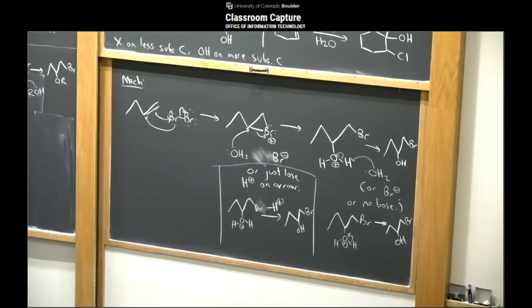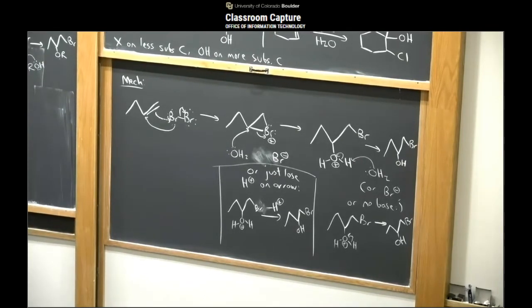What I'm going to do is, I might actually redraw this down here. A little bit less crowded. Okay, so just like always, alkene attacks, kick out the halogen, close the bromonium ring down, and I start out making a bromonium ring over here.